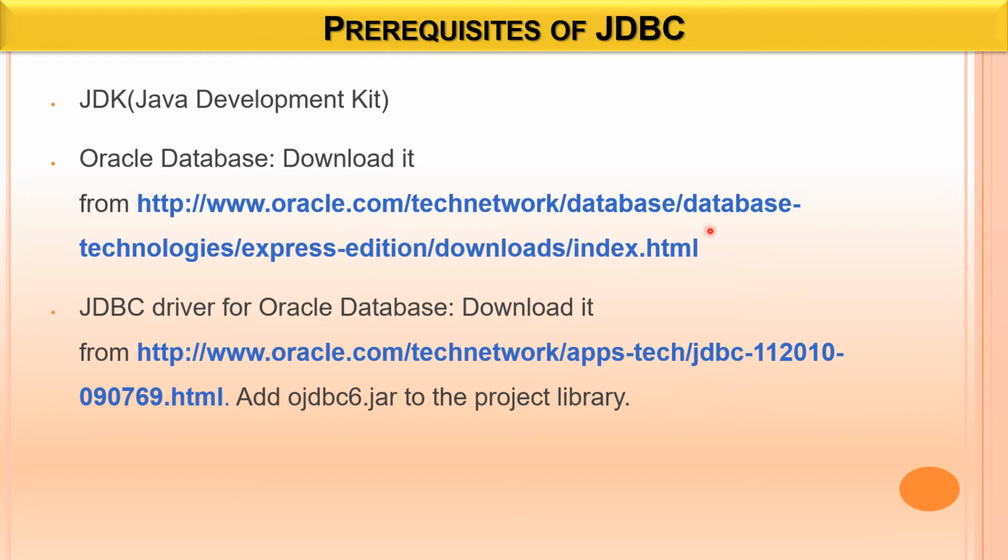This URL is specified here. Then the third thing is the JDBC driver for the Oracle database, which you have to download from this particular service of oracle.com. And all these will be added, with the OJDBC6.jar, to the project library. So these are the prerequisites of JDBC.